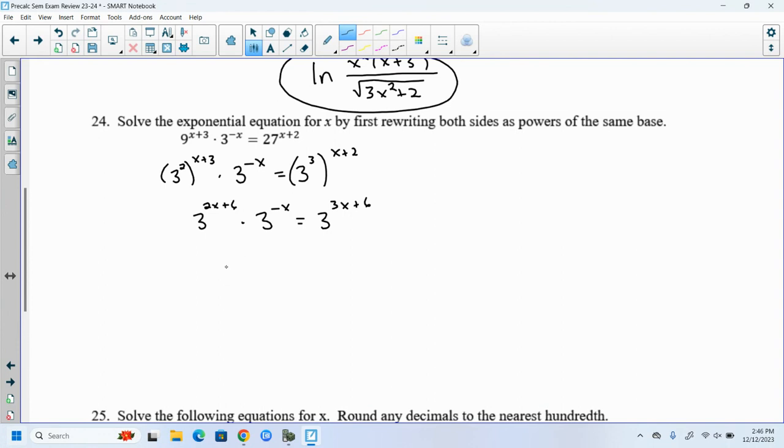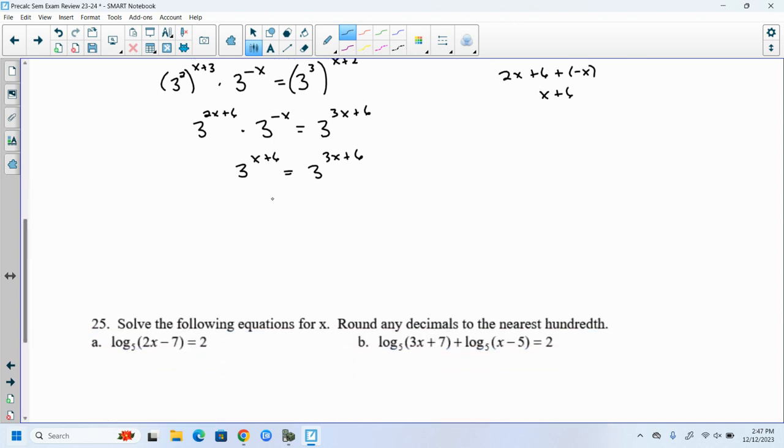You add exponents. So you would basically be taking 2x plus 6 plus negative x, which is going to just give me x plus 6. So that gives me 3 to the x plus 6 power equals 3 to the 3x plus 6.